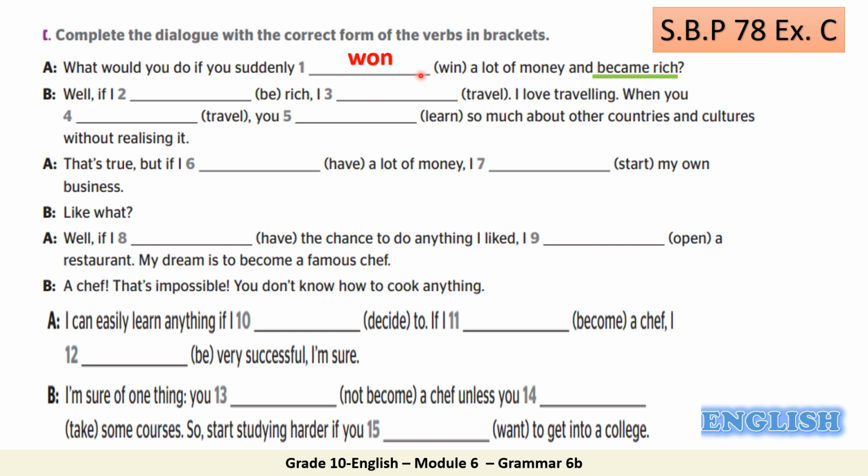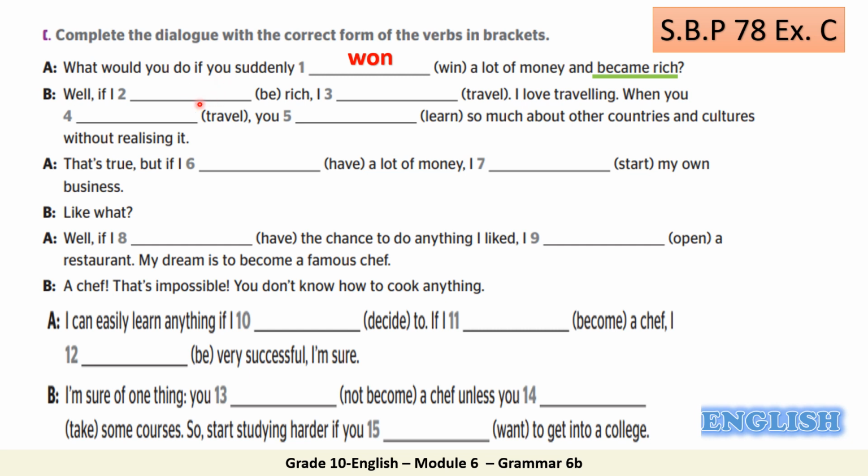Now, I want you to pause the video for a while and to try to answer the rest of the questions. Welcome back. Let's answer the rest of the questions together. Well, if I were rich, I would travel. And remember also that this is an unreal situation.